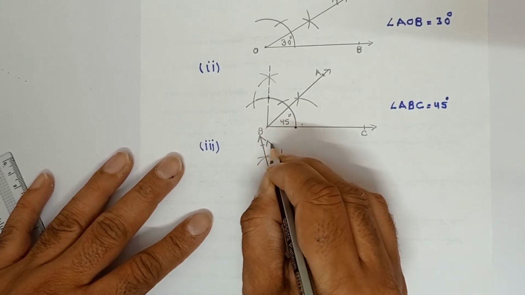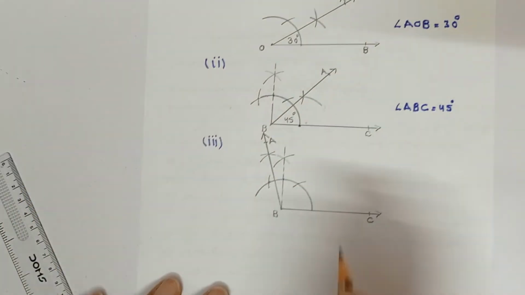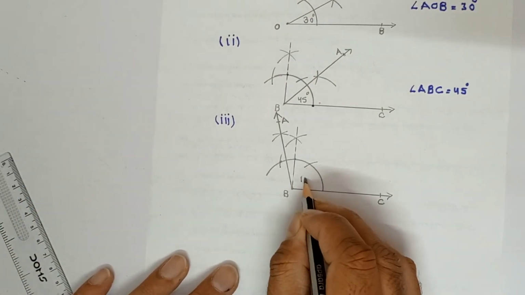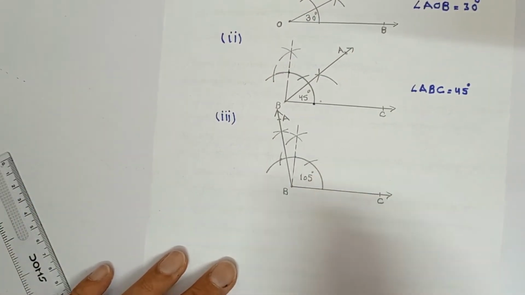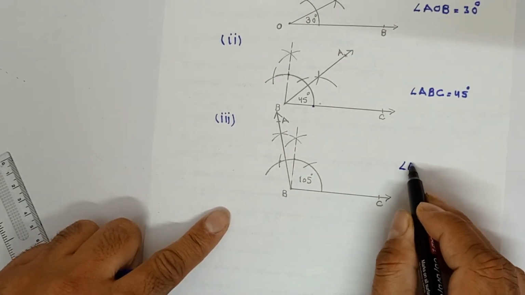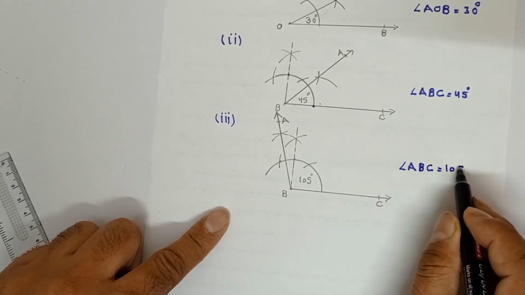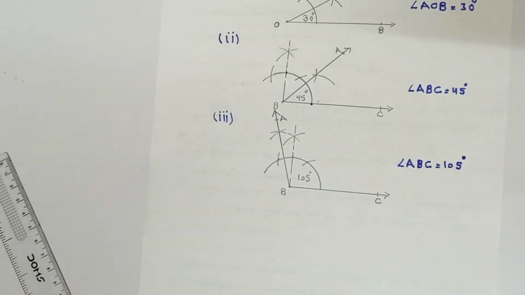Let it be A point. This is C point. So a 105-degree angle is made, and you can name it angle ABC is equal to 105 degree. It is an obtuse angle, right?